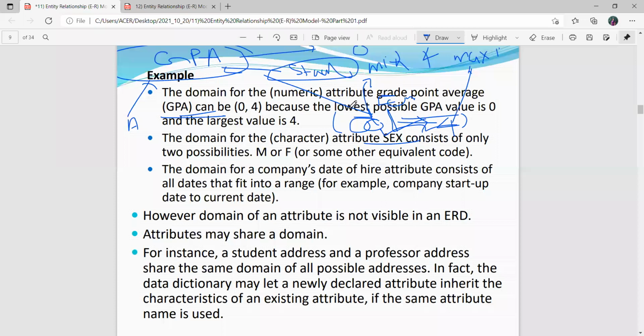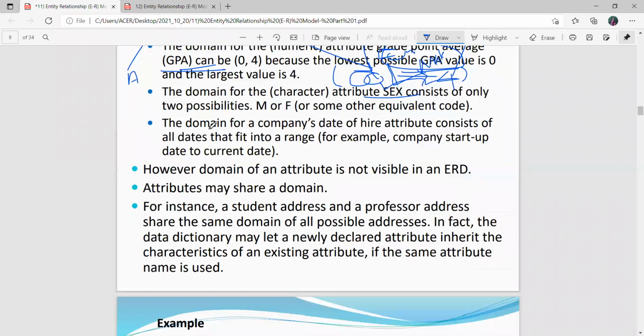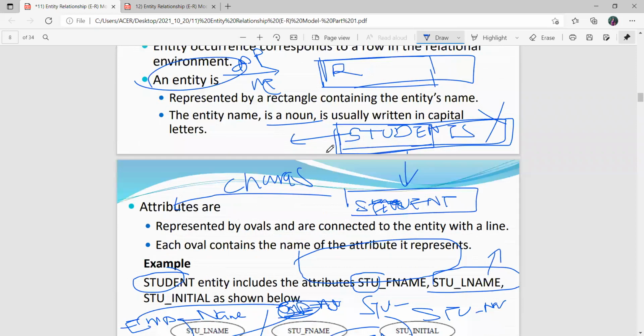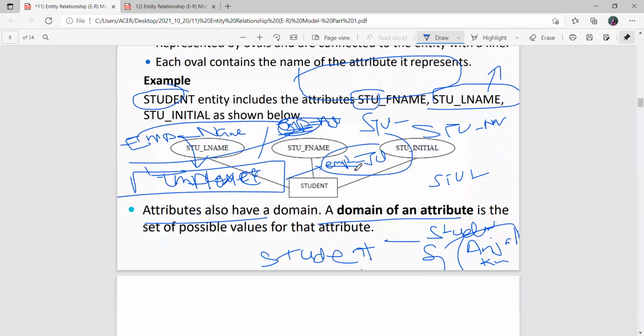This is the domain of sex. Likewise, we can take the attributes according to the entities and define a domain, which means the range or set of values that can be taken for the attributes.